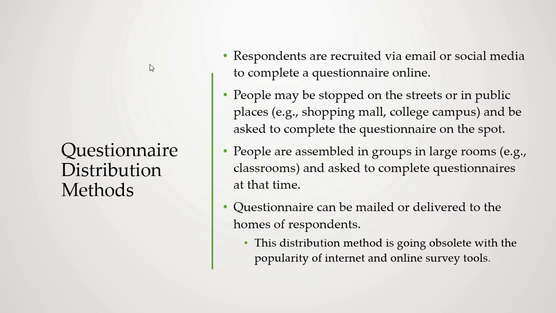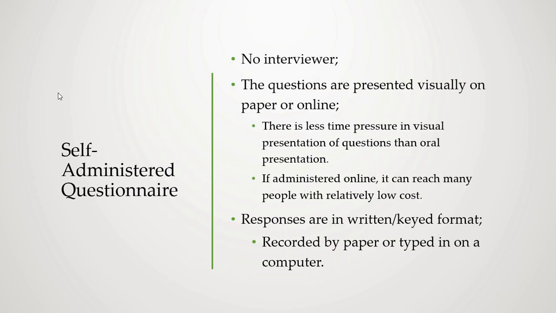Another advantage is convenience. There's no human intervention needed during the data collection process. Online surveys present the questions visually on electronic devices, and the responses are keyed in by study participants. They can respond to the questionnaires online at any time of their choosing.